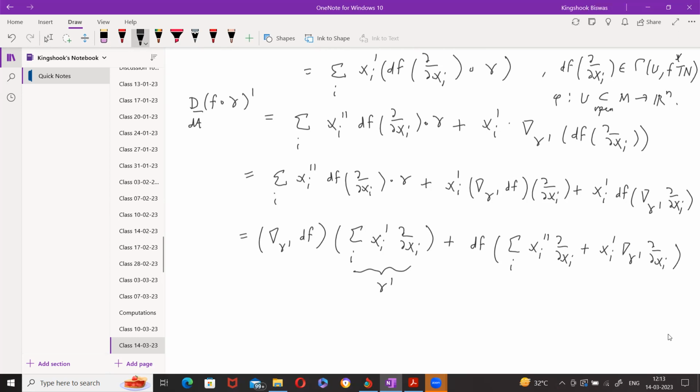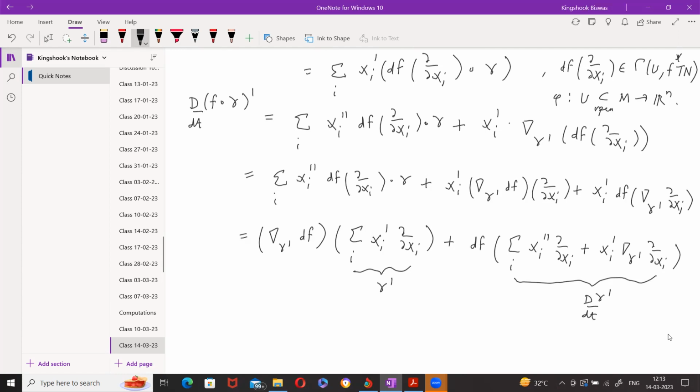Now this sum that we computed earlier is equal to ddt of gamma prime, right? Is this clear?